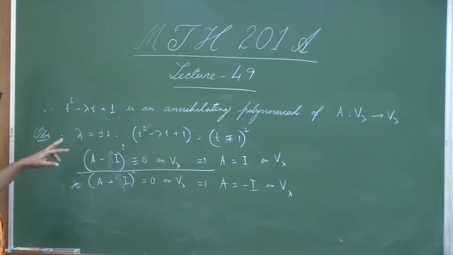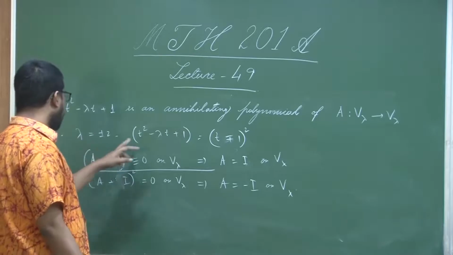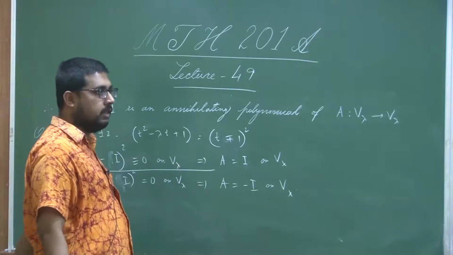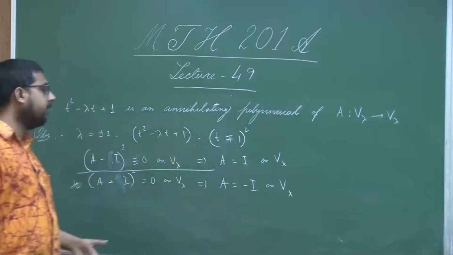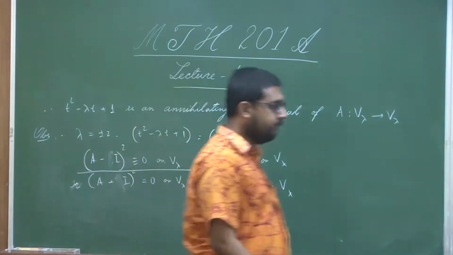Just a minute, maybe I am making small mistakes anyway. So, if lambda is plus 2, then we see that A acts as identity. If lambda is minus 2, then A acts as minus identity on V lambda.